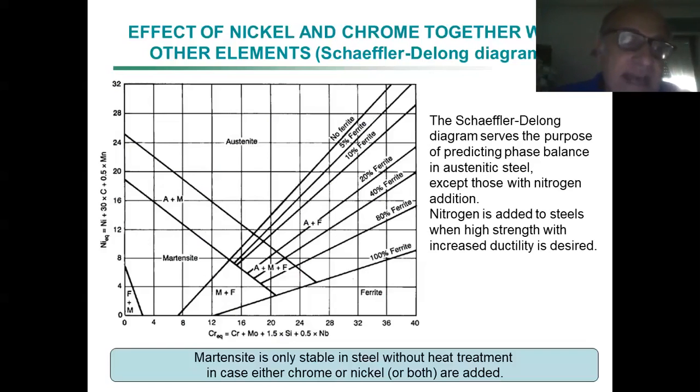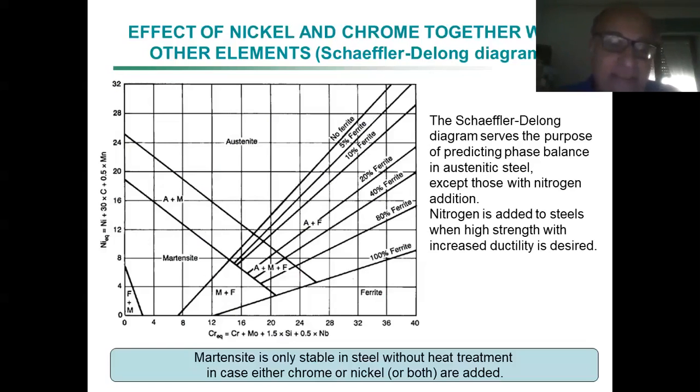Then we have the nickel equivalent, which is when we have, of course, nickel, and we add carbon and manganese. So manganese can expand the gamma area, so it's on the side of nickel. Molybdenum, silicon, and niobium expand the chromium area, so they are on the alpha side.